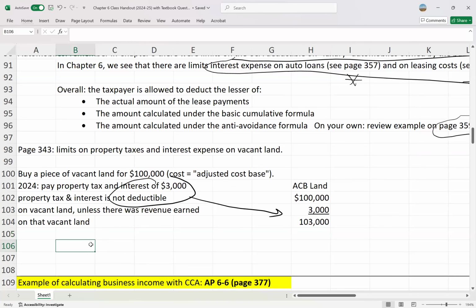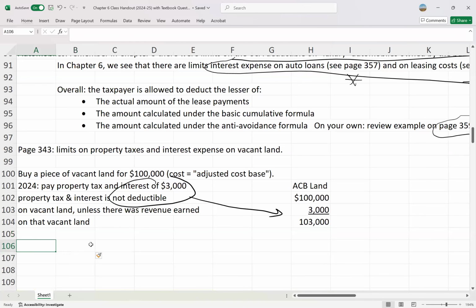Let's continue on with this example. Let's say it's now 2025. Again, they pay property tax and interest on the vacant land of, let's say, 4,000. But the land is vacant, and there is revenue earned on the vacant land.